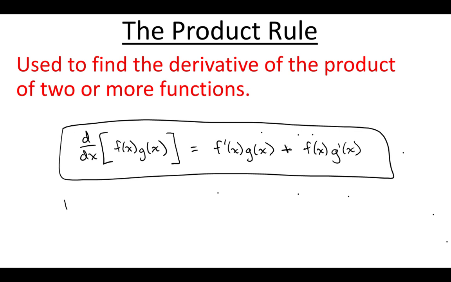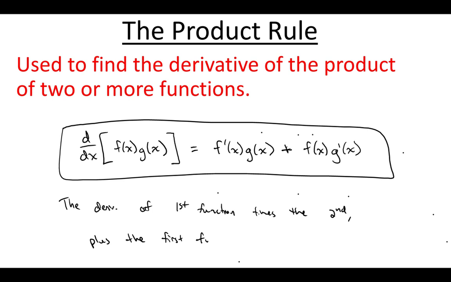So in other words, if I were to just write that out, the derivative of the first function times the second plus the first function times the derivative of the second.